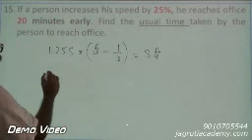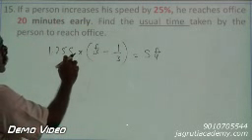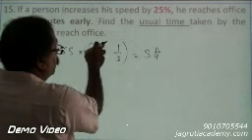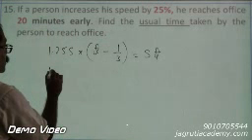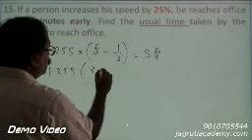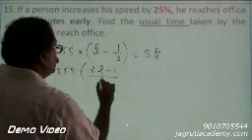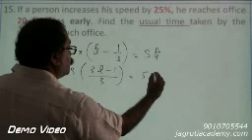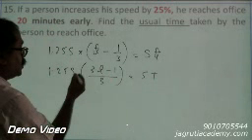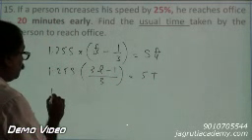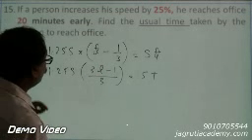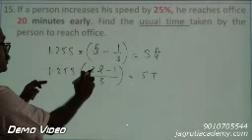So let's see what comes here. 1.25 s, and when you simplify this, this has become 3t minus 1 by 3. I write just as it is, 1.25 s into (3t minus 1) by 3 is equal to st. Now when you open the bracket, 1.25 into 3 is 3.75.